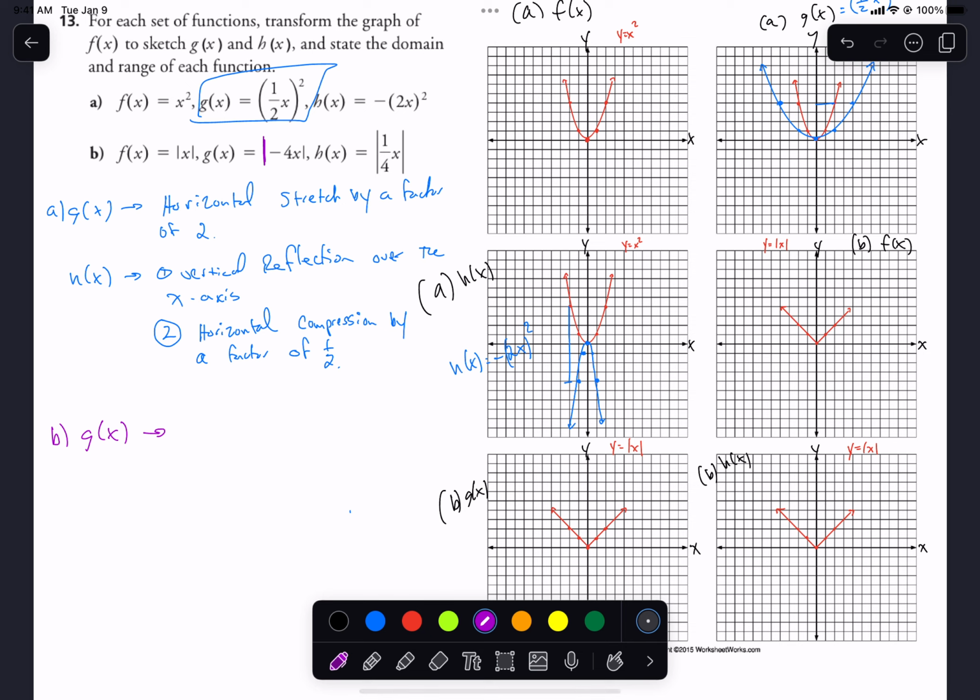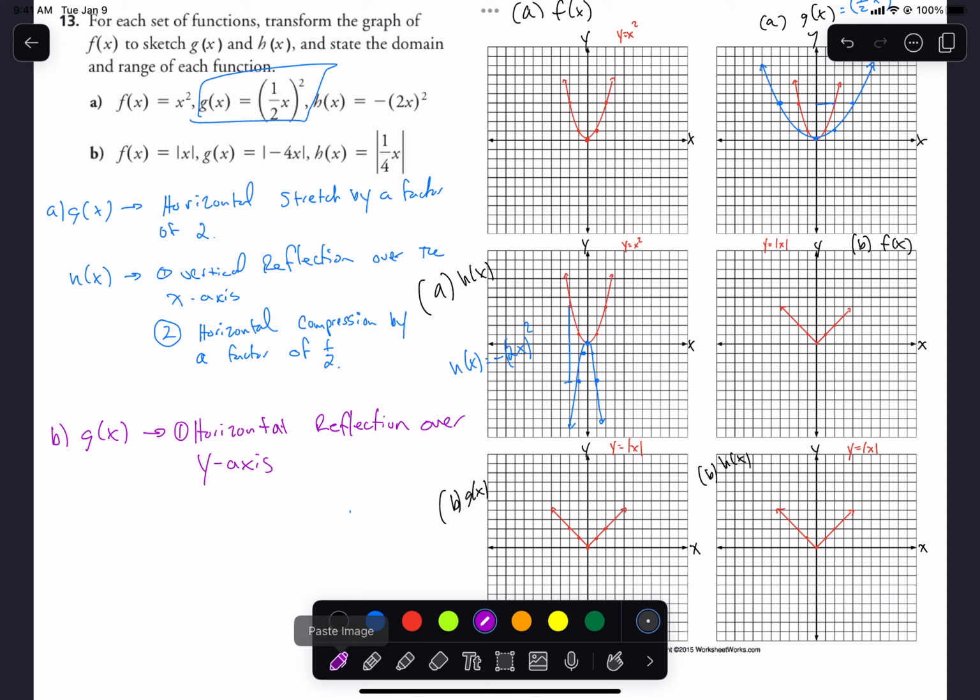You can see here the absolute value bars are the same thing as brackets for the most part. They're signifying the inside of the function. I see that there's a negative and a 4, so the negative on the inside means that there's a horizontal reflection over the y-axis this time.